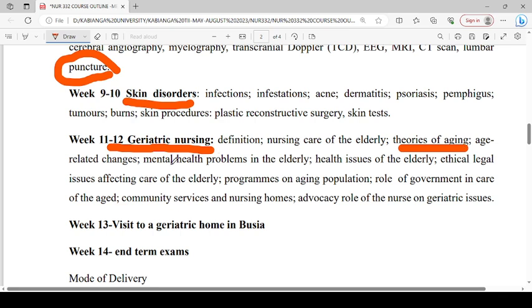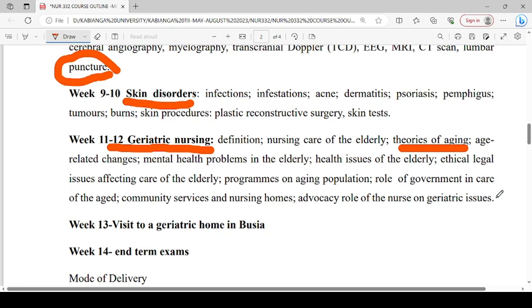You should be able to list age-related changes, also list the mental health problems in the elderly, health issues of the elderly, ethical and legal issues affecting the elderly, programs on the aging population, the role of the government in taking care of the elderly or the aged, community services and nursing homes, and the advocacy role of the nurse on geriatric issues.